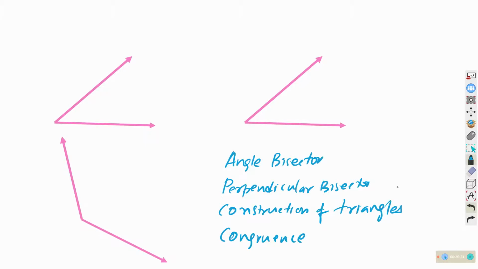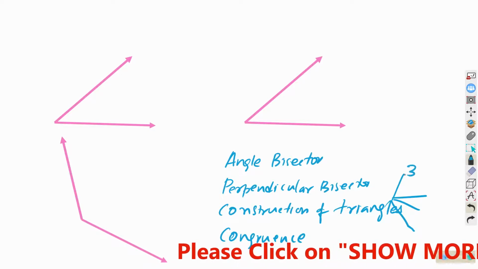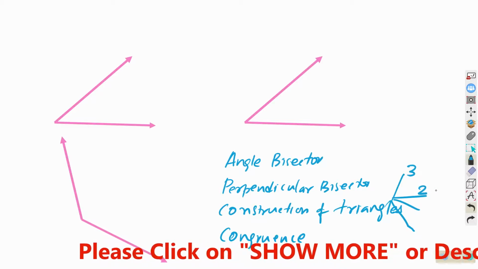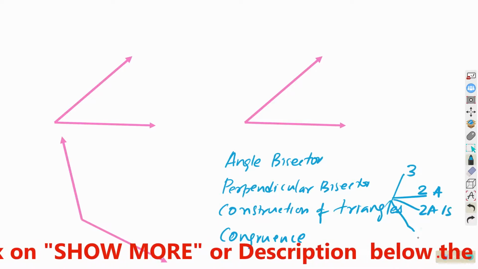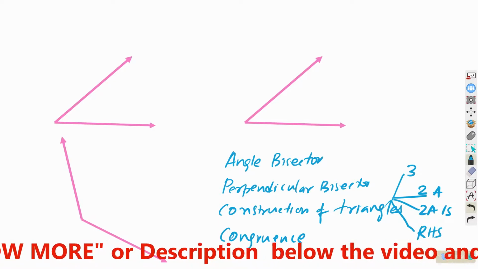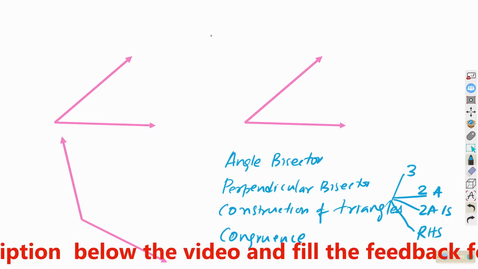In this you have enough to practice different aspects of construction of triangle, when 3 sides are given, when 2 sides and an angle are given, when 2 angles and 1 side are given, when right angle triangle properties are given. Lot of things to practice.